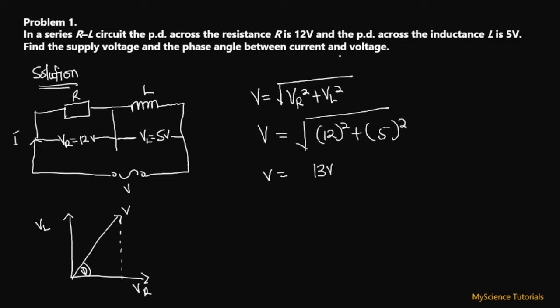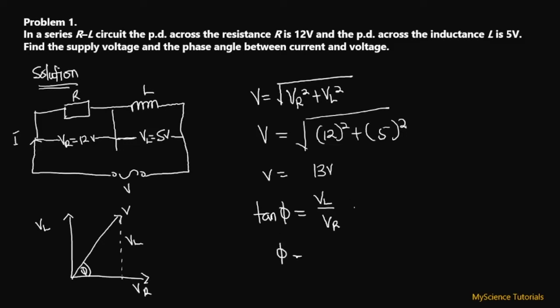Now, the second part of this question is asking us to find the phase angle between the current and the voltage. To do that, we simply say tan of the phase angle is equal to VL over VR, as we can derive from this particular diagram over here. This is opposite over adjacent, which is VR over here. We already know what our VL is. We already know what our VR is.